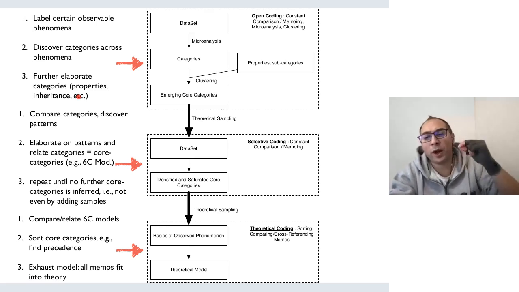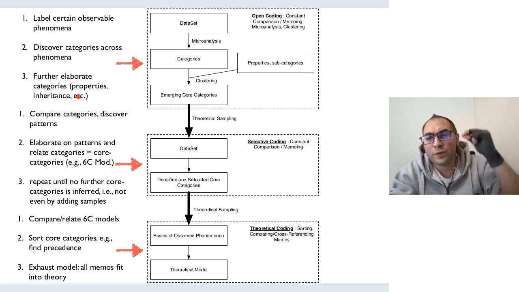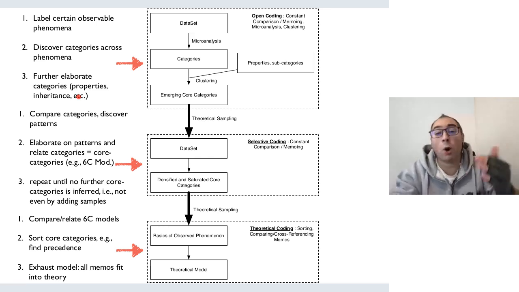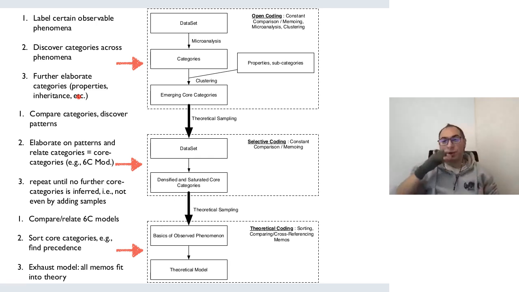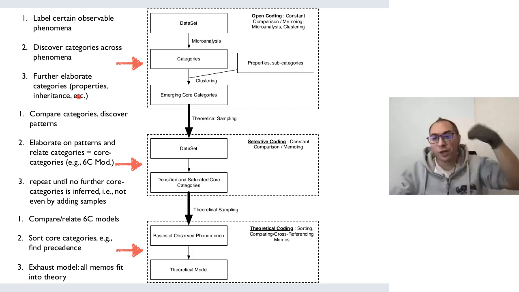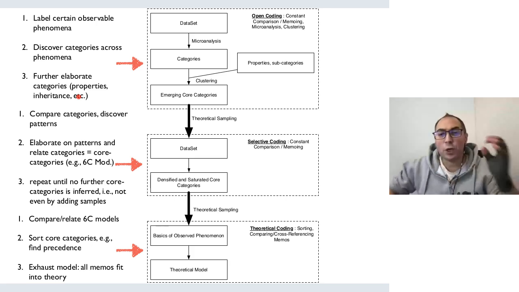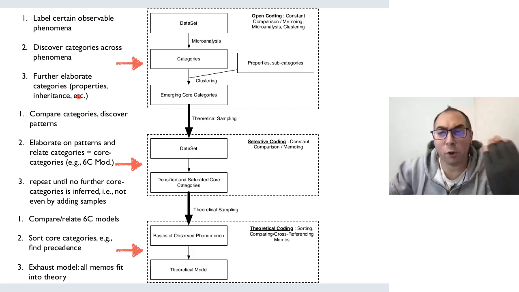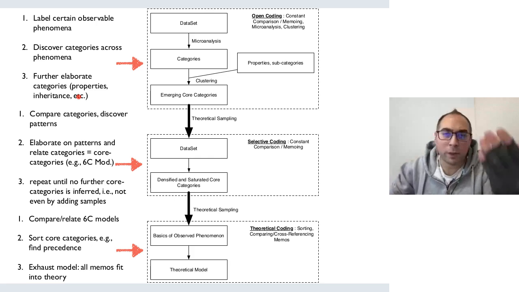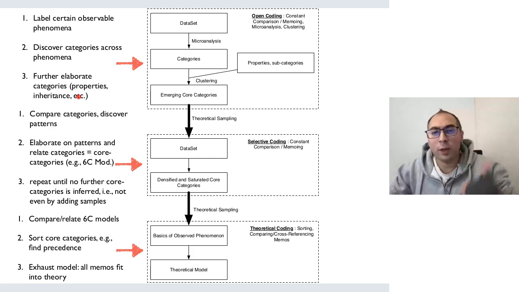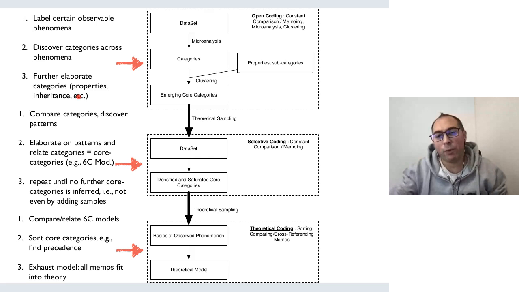This is called theoretical coding, because it involves the usage of all sorts of additional exercises, for example content analysis, or cross-referencing, or further memoing, or further sorting, or even chronological analysis. So a time-resolved reiteration of the analysis, to come up with what is known as the theoretical model. So the model which actually explains what you, the analyst, were supposed to come up with in the first place.